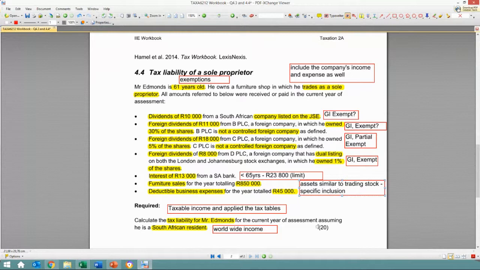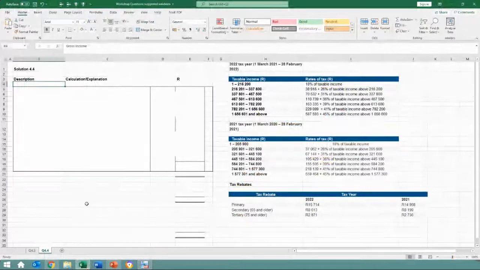But if you are busy doing the calculation for the year of assessment that is currently being submitted to SARS, it would actually be the 2021 year of assessment. So I have done the calculation for both, but in a question they need to be a bit more specific, but the tables they would give you would be the correct year of assessment. So it would actually indicate what year you are busy with.